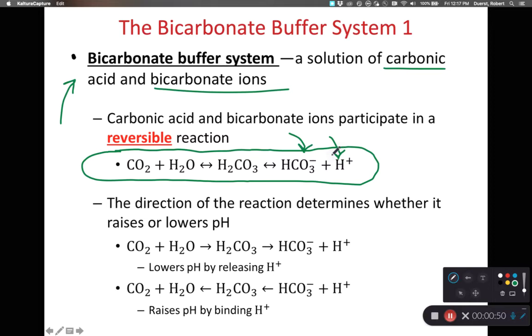Because this reaction can head both directions, we have these double arrows right here. That's a big clue that it's a reversible reaction. The thing that determines the direction is Le Chatelier's Principle, for those of you who've taken more chemistry classes.